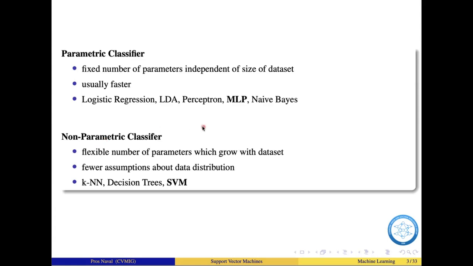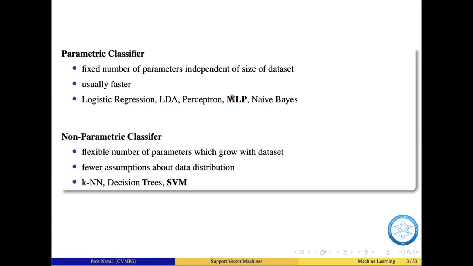But for example, for the naive Bayes, there is that assumption of independence, right? Feature independence, which is actually violated in many applications of the naive Bayes, and yet it still gives you a good performance.